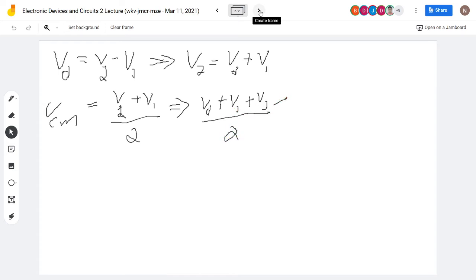Which is going to equal VD over 2 really, plus V1. We can say that, agree?